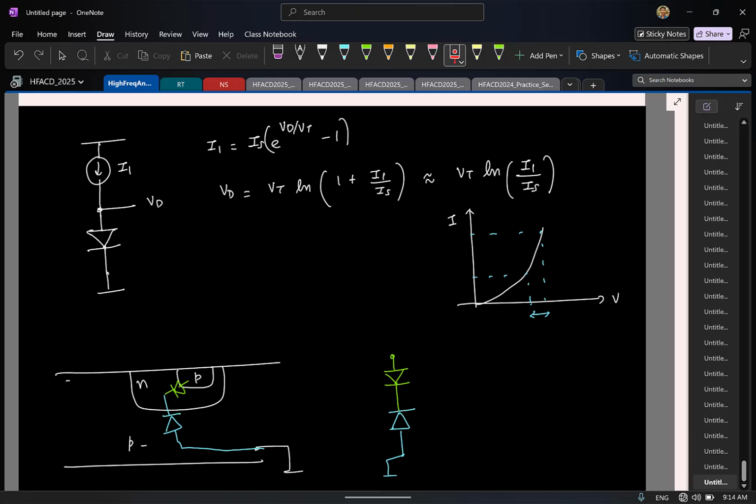You can connect N to ground, but that will not solve the problem. When I just had this P and N, what was the problem? I had this diode. So now you see we have a PNP structure like this. Do you know what this is forming?